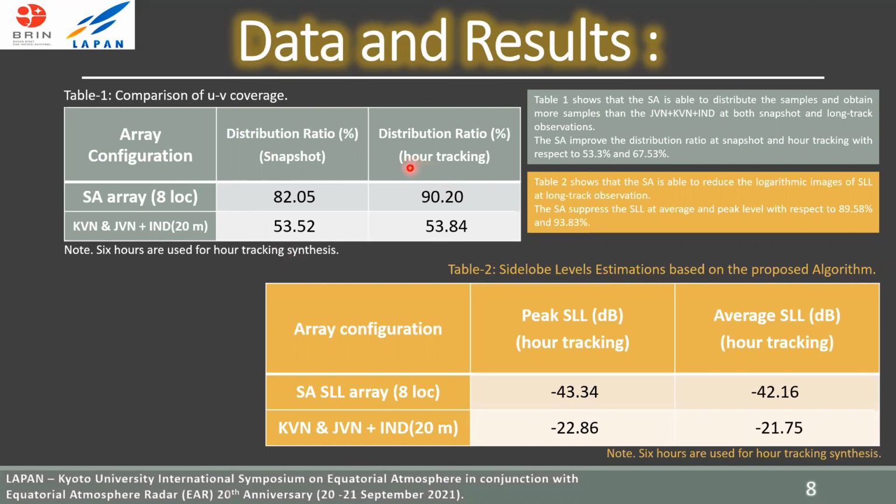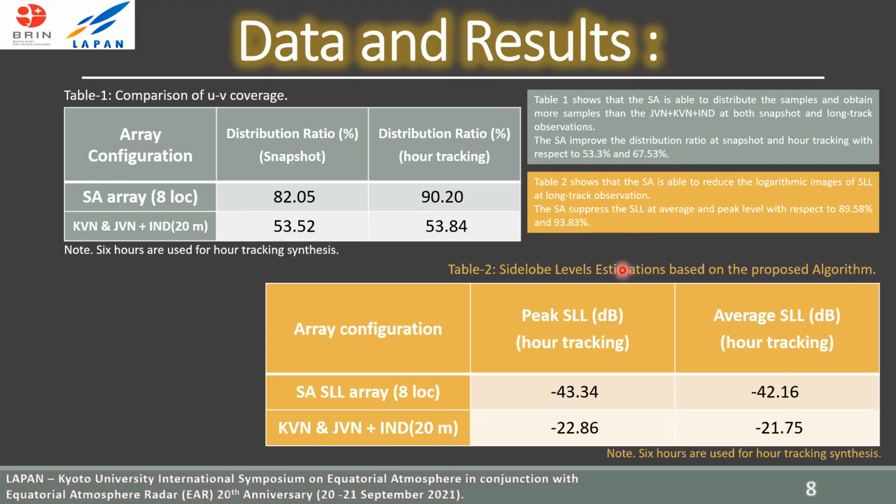For the long observation, we choose 6 hours for our tracking synthesis. Based on the comparison in the UV coverage, the algorithm can improve the distribution ratio at snapshot and hour tracking by about 50% and 60%.